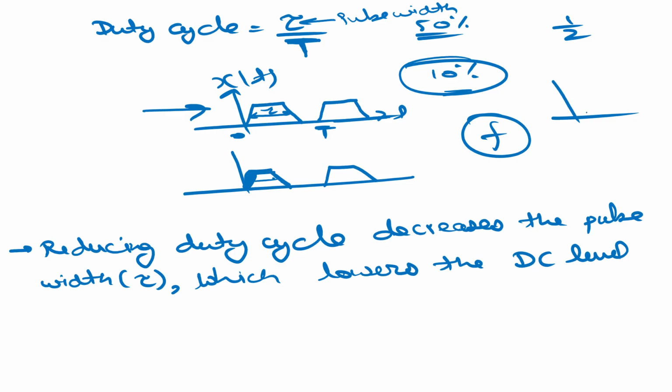But if I draw the spectral content of this in the frequency domain, the DC level is given by 2A tau by T. So this DC level depends on the pulse width tau. So if you reduce the duty cycle, it decreases the pulse width, which lowers the DC level and increases the first breakpoint frequency.